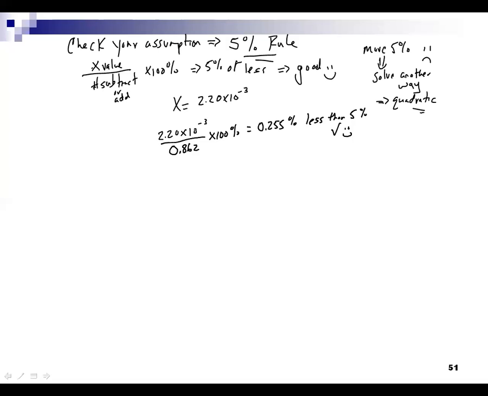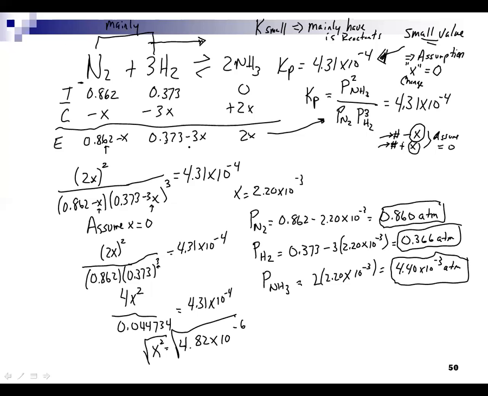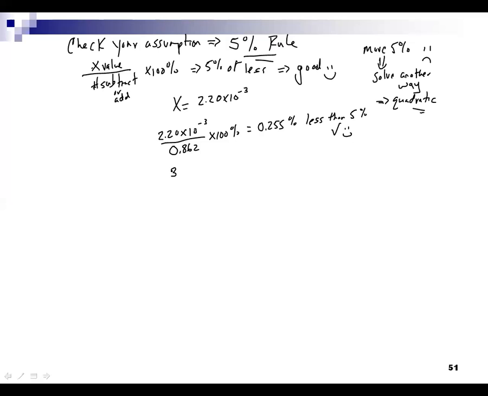For example, the other one was 3x, I think. Let me just double check here. You could put it back into here. Basically take 3 times that x value, so 3 times 2.2 times 10 to the minus 3, divided by 0.373 times 100%.